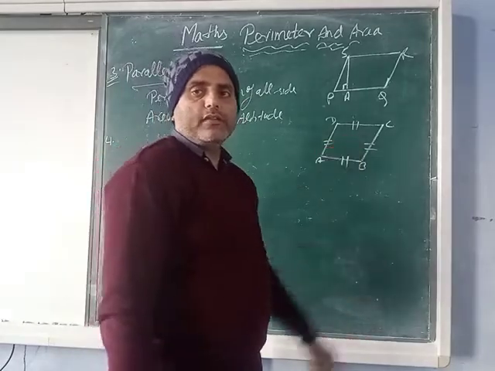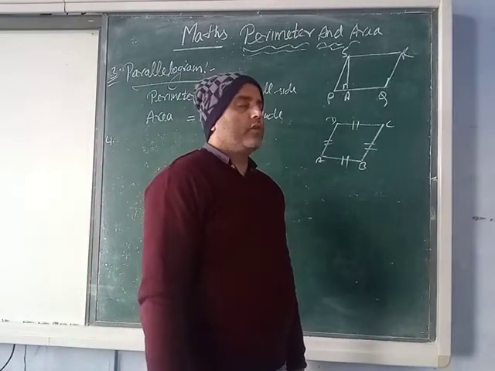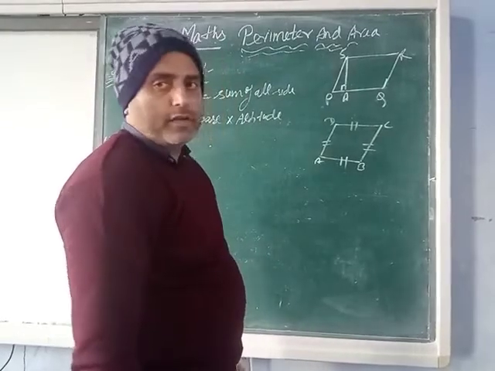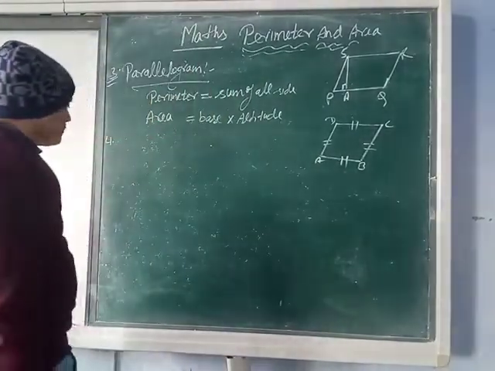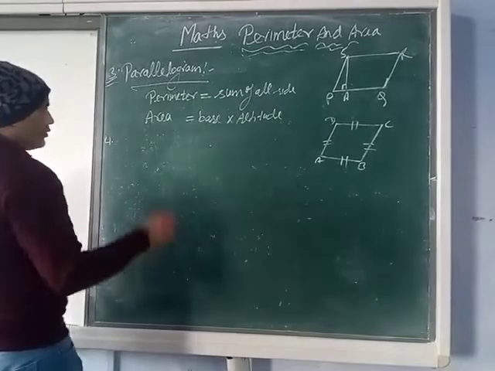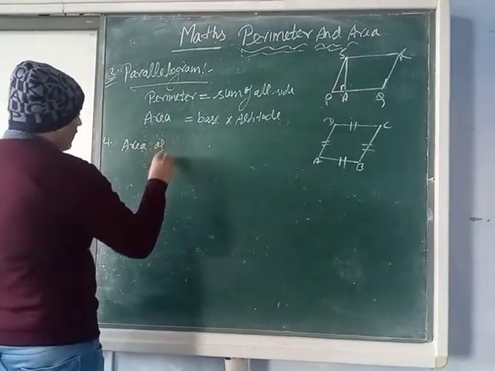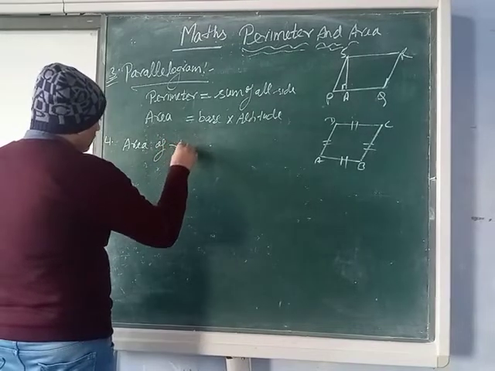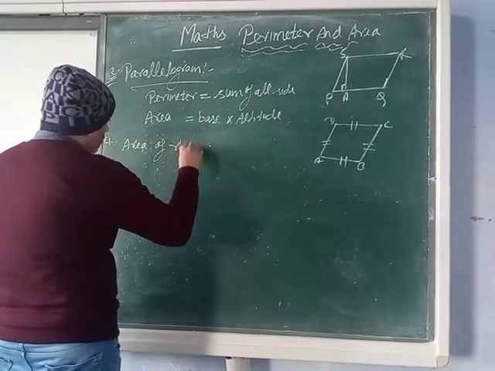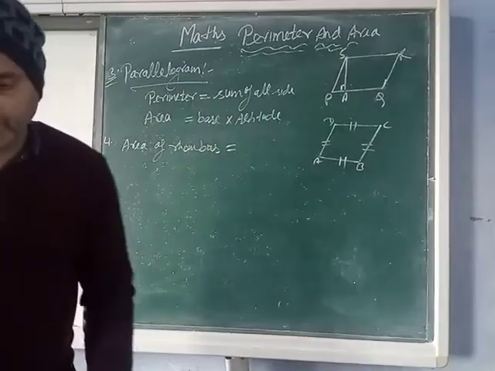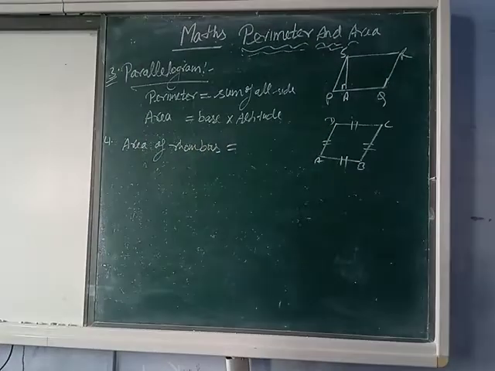What is common in square and rhombus? In both figures, the sides are equal. Okay, so area of rhombus.